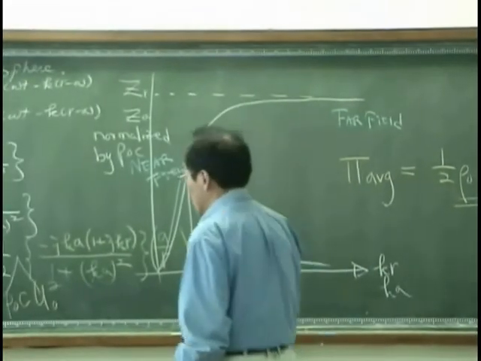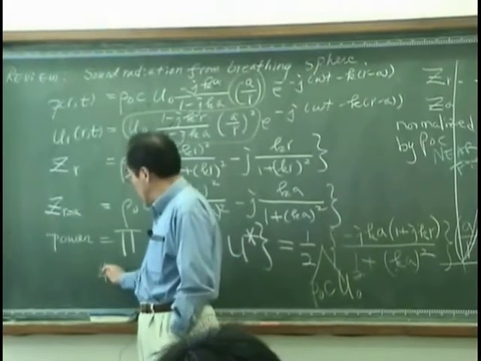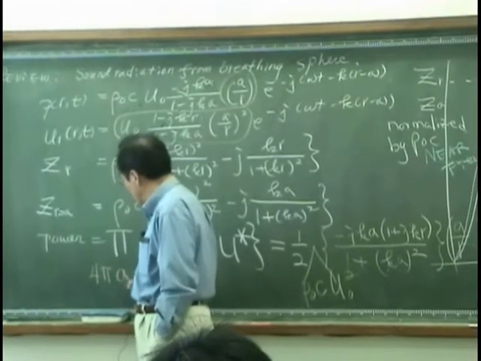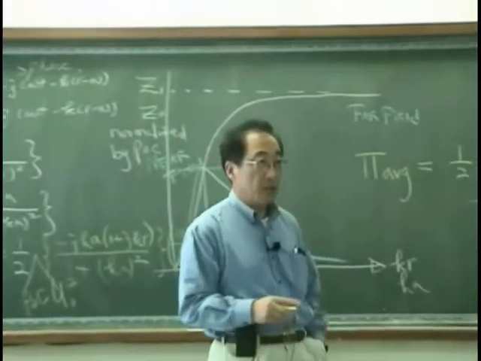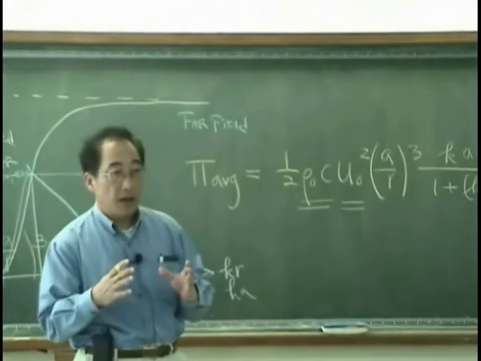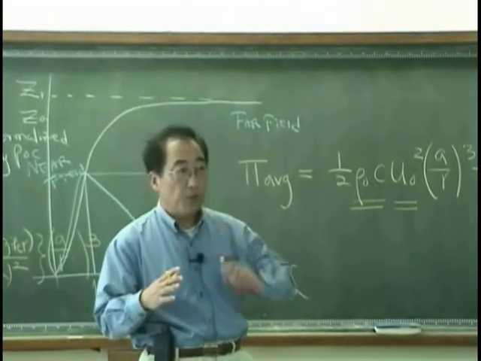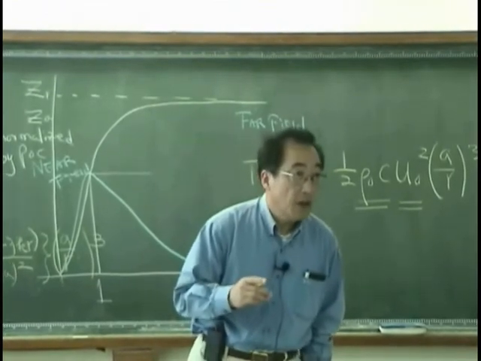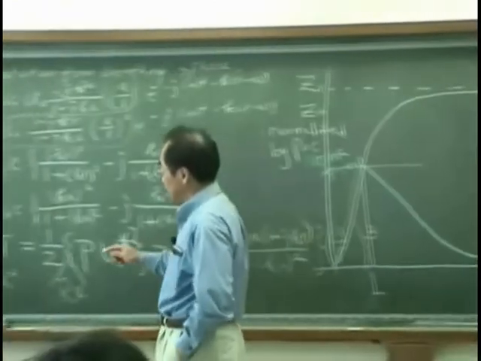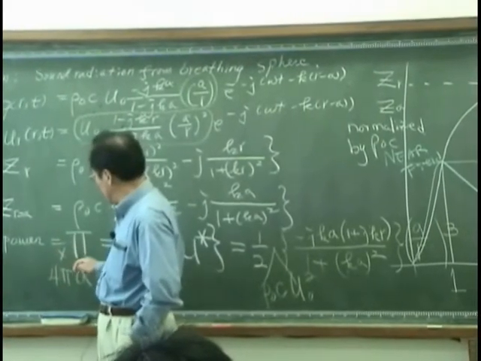Okay, so area is 4 pi A square. You want to see the total power coming from the sphere that has an area of 4 pi A square. Okay, considering this, we multiply this, because this is intensity.